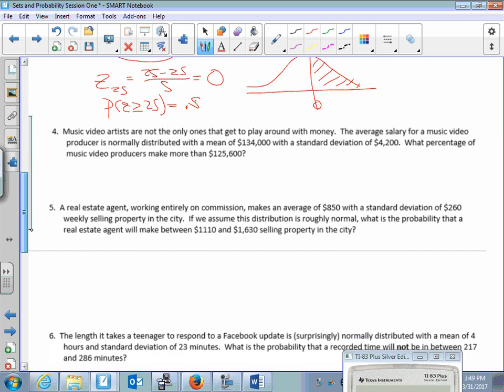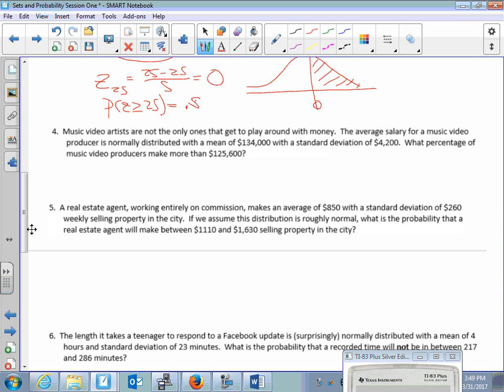Okay, music video artists are not the only ones who get to play around with money. The average salary for a music video producer is normally distributed with a mean of $134,000 and a standard deviation of $4,200. What's the percentage of music video producers that make more than $125,600?